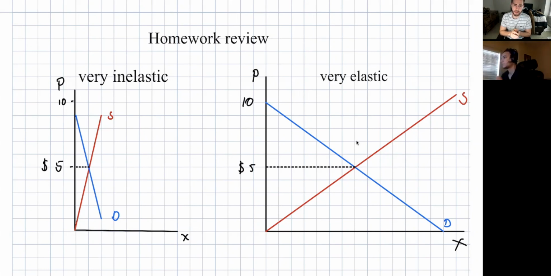So in question number two, they're asking you, a jewelry fad causes a sudden increase in the global demand for copper, which basically means that the demand curve will shift to the right. However, on the left graph, you can see the demand and supply curves are very inelastic.